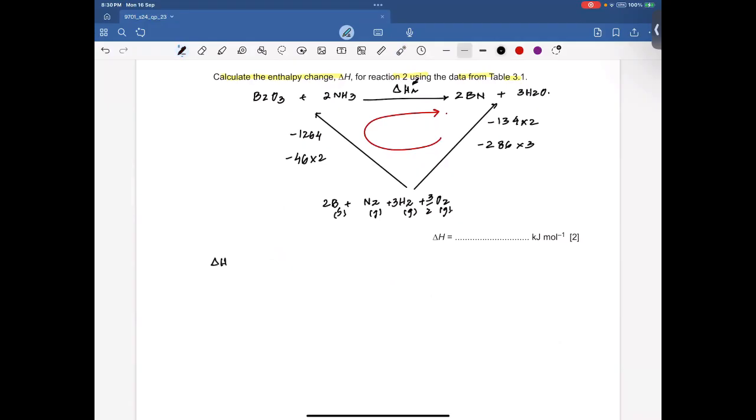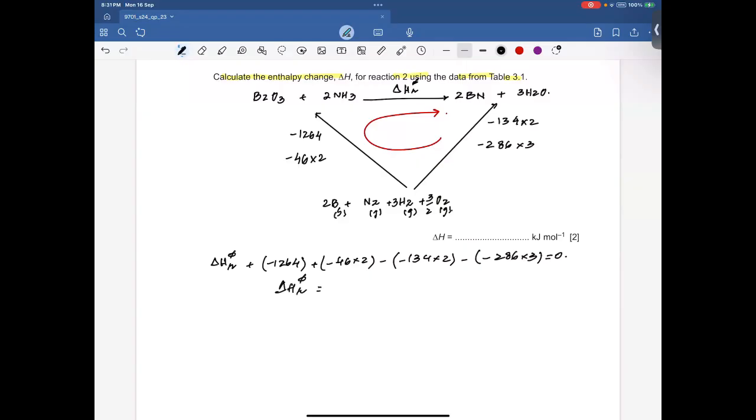So it's going to be delta H, standard enthalpy change of reaction, plus minus 1264 plus minus 46 times 2 minus 134 times 2 minus 286 times 3 equals 0.